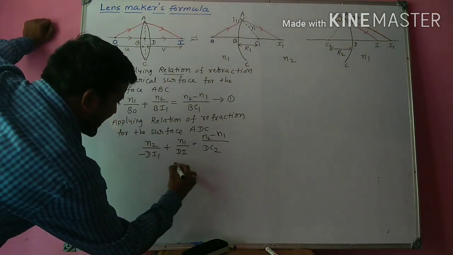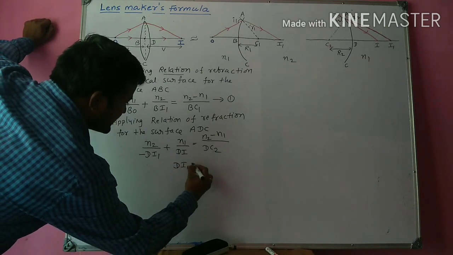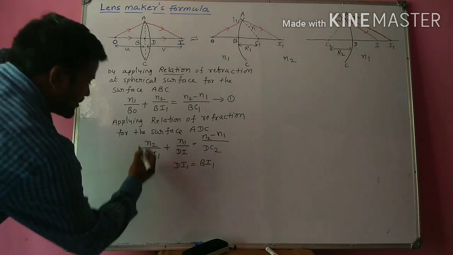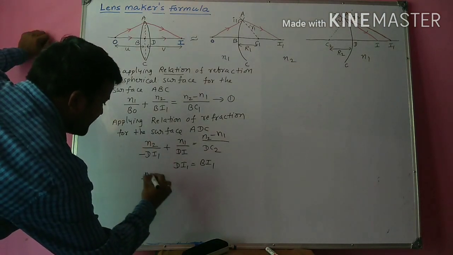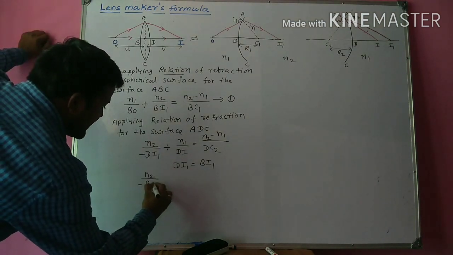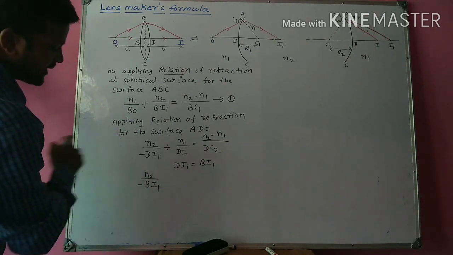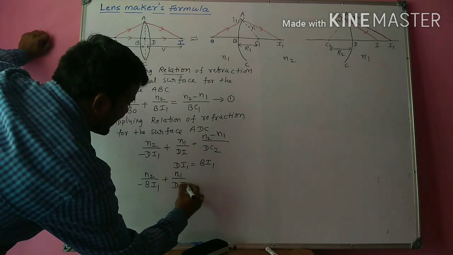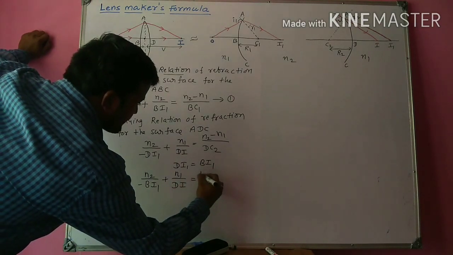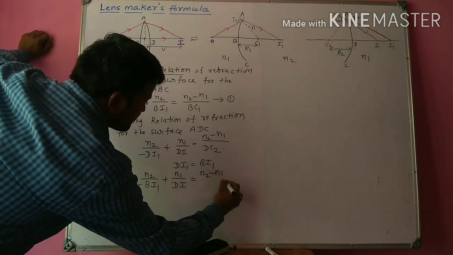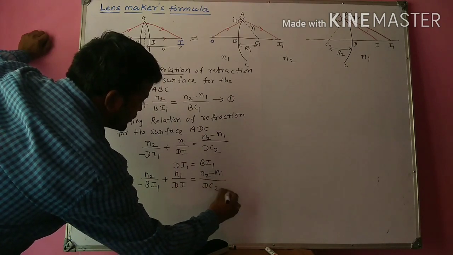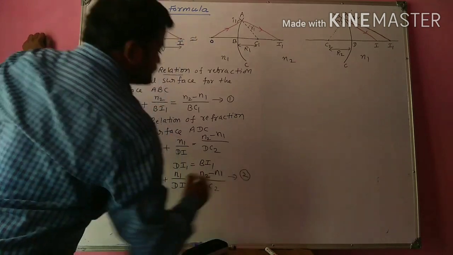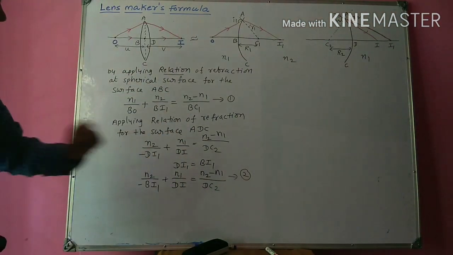So we can write N2 by minus BI1 plus N1 by DI is equal to N2 minus N1 by DC2. Let it be equation number 2. This is the first equation, this is the second equation.